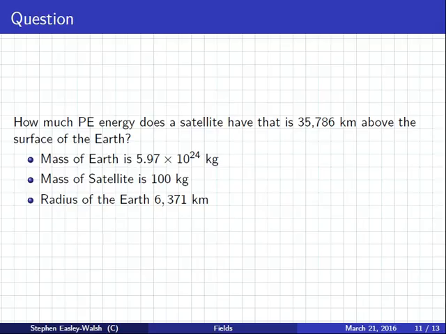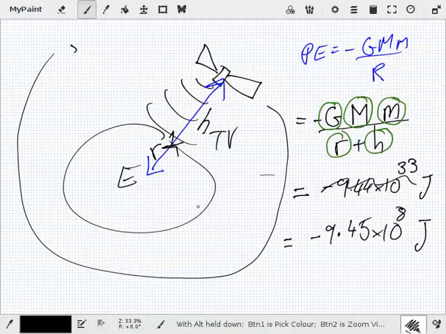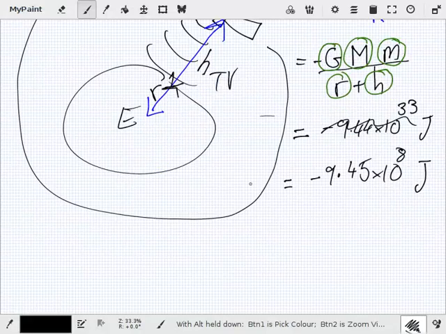I got 9.49. I might have made a mistake. You didn't square, did you? You're not supposed to square. No, I didn't. Right, maybe it's my mistake.